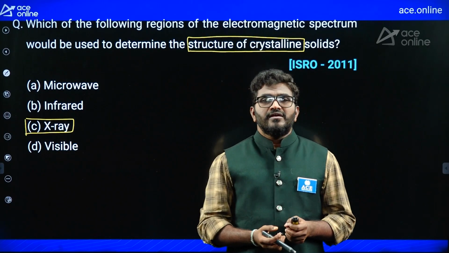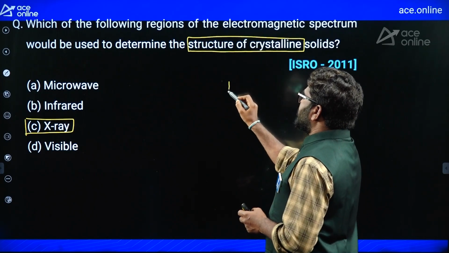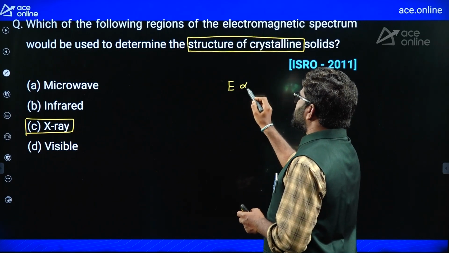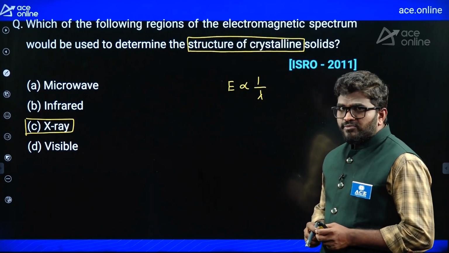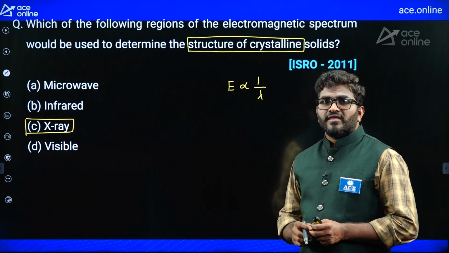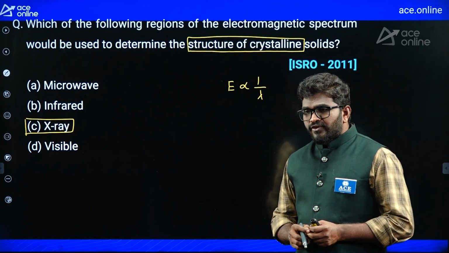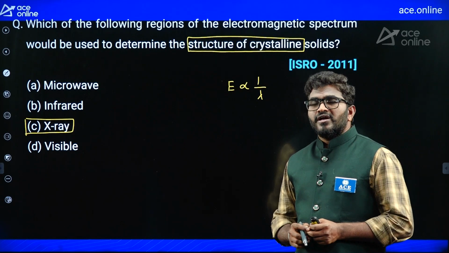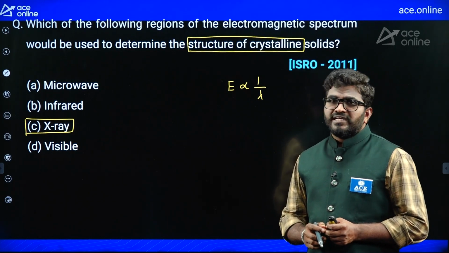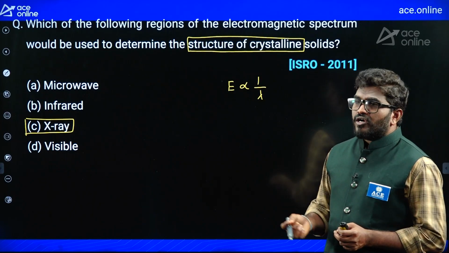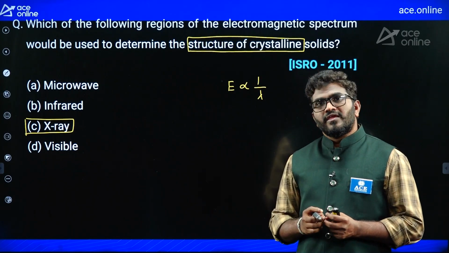Remember, there is a relationship between energy and wavelength. Energy is proportional to 1 by wavelength. If wavelength is more, energy is less. If wavelength is less, energy is more. So infrared, visible, and ultraviolet rays have more wavelength, so less energy, so they can't penetrate into the material. So these rays are not suitable.